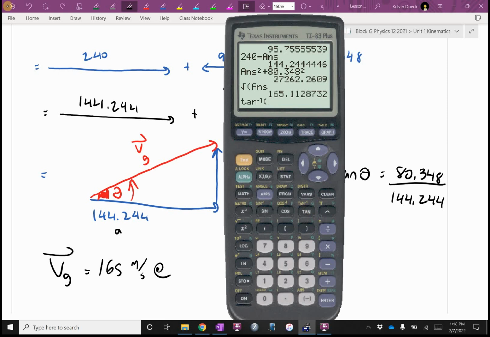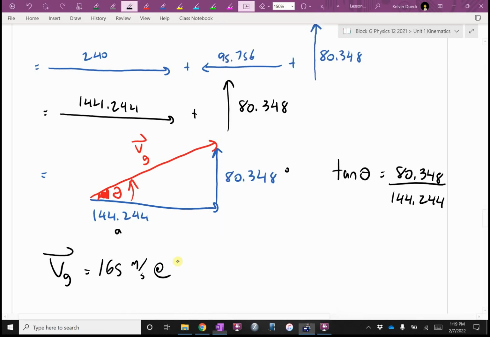Shift tan opposite... 29.1 degrees, and that'll be north of east.